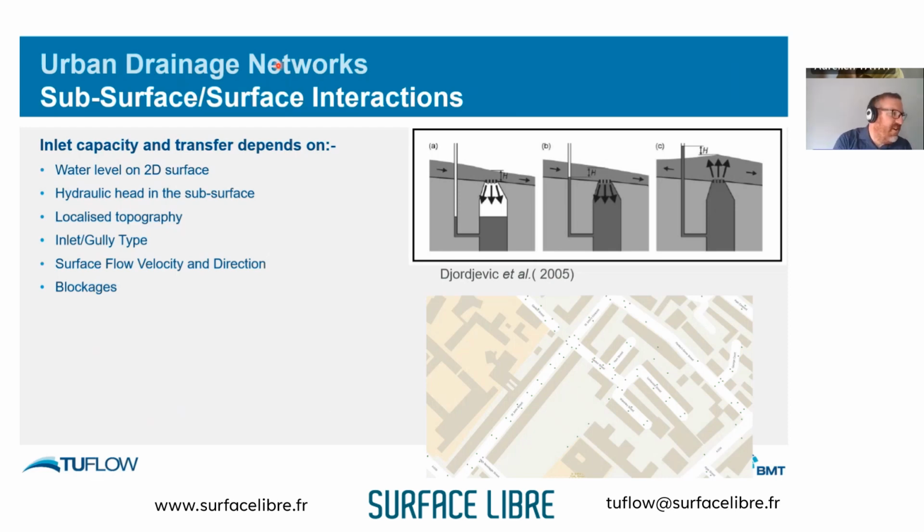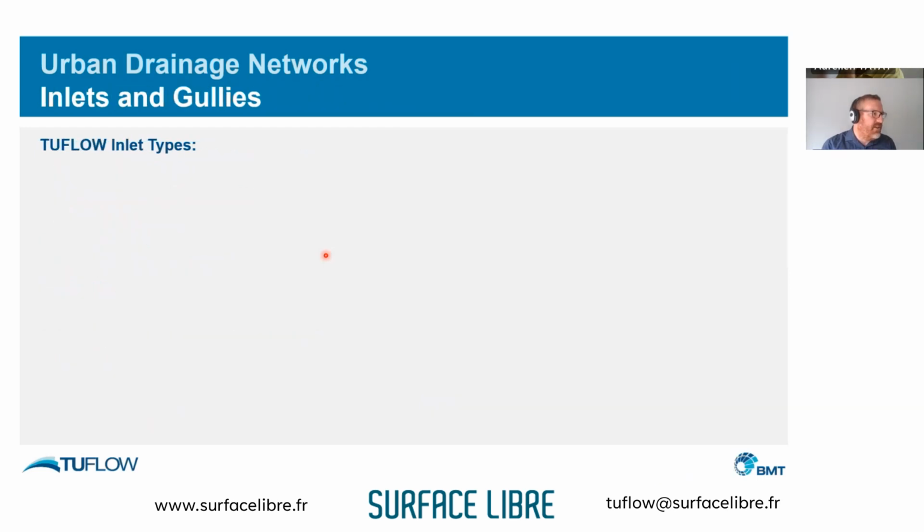And we can get a relatively good idea on most of those, but then we have blockages which completely confuse things and are quite transient in nature, so pretty much unpredictable. So there's a whole host of things that we need to try and account for when we're trying to represent that subsurface surface interaction. I'll come back to that in a second.